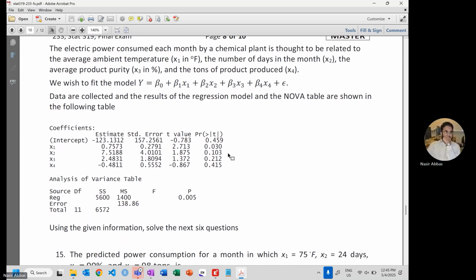It is n minus k minus 1. Your n is 12, k is 4, minus 1. 12 minus 4 is 8, 8 minus 1 is 7, or simply 11 minus 4 will give you 7. SSE is missing. How will you get SSE?